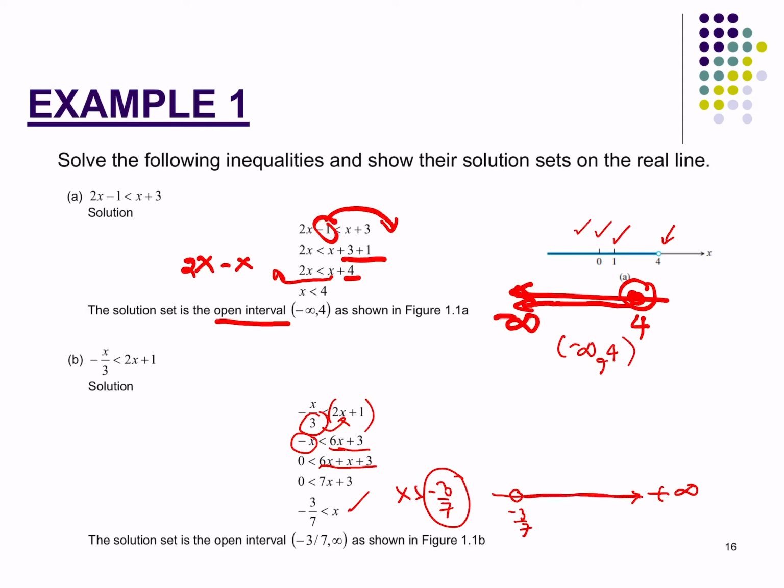Okay, so this is how you can specify the set notation, and this is how you can draw it on the real line. You can see that this one is the open circle at the point minus 3 by 7, and then go toward the positive infinity in this case, right?